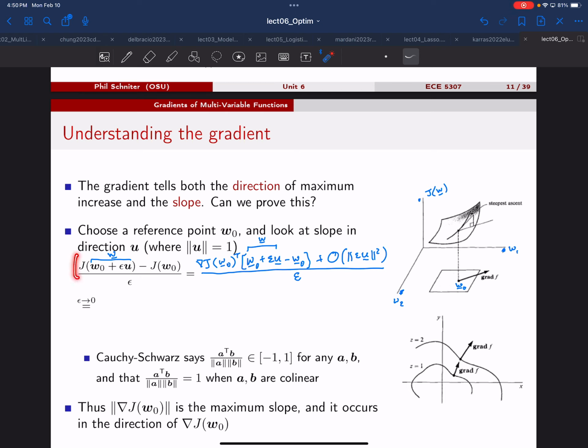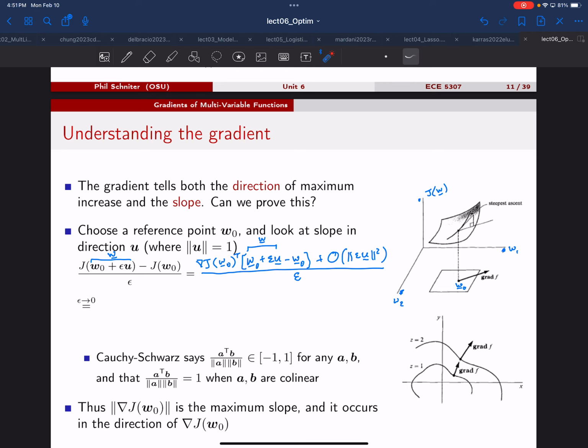And then we're going to have the slope term of this Taylor series, which is the gradient at the reference transpose times this deviation. And finally, we're going to have the big O term of the Taylor expansion, which is here. So that's how this numerator became this. Is everybody okay with this expression here?